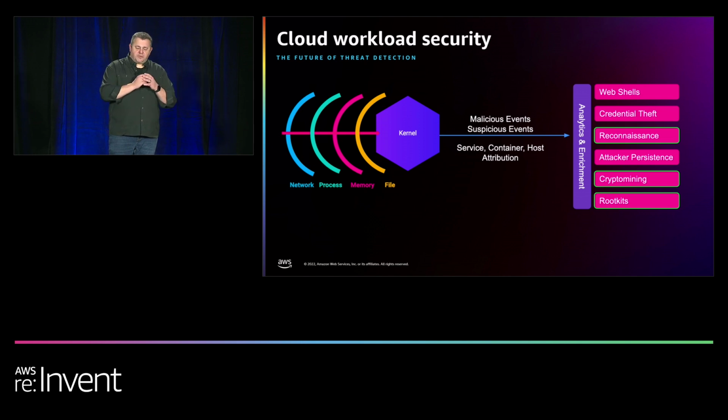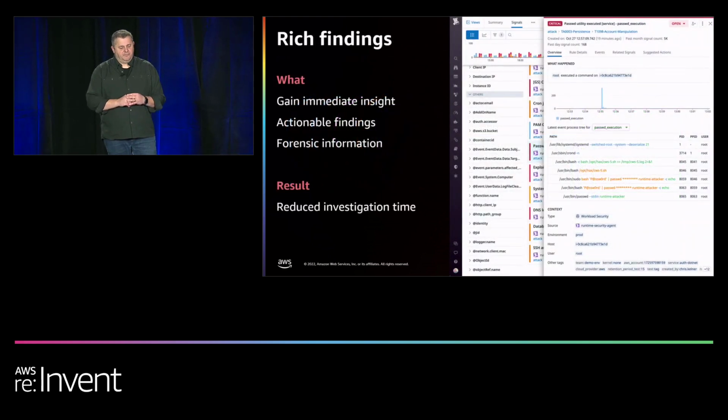Since we have such a considerable amount of compute, we're a great target for crypto mining, and so we're able to protect our compute resources from that. And because we're able to monitor down at the kernel level, we can look for rootkits and other attacks that we might otherwise miss.